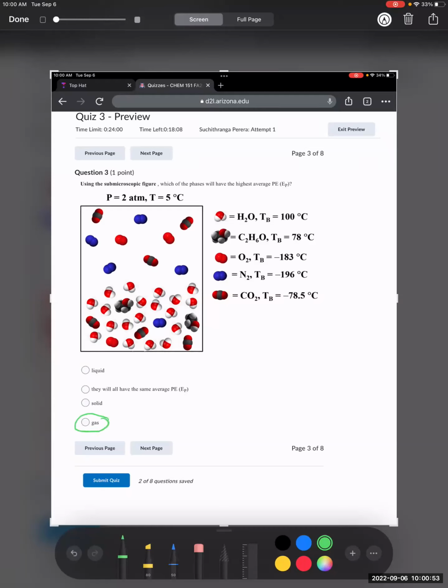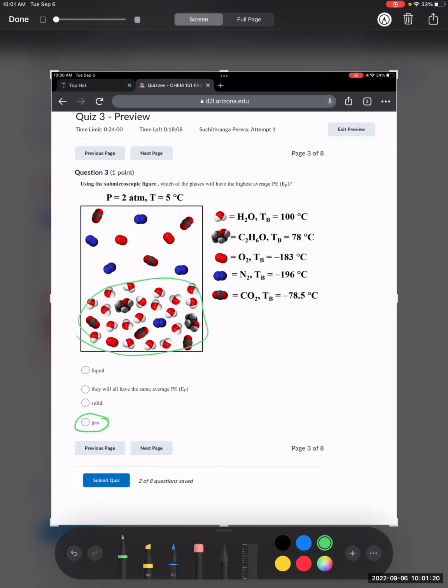But I know that there's another version of this question that was asking about the lowest average potential energy. And the lowest average potential energy should be in the solid phase if the solid phase was present. But in this case, we do not have a solid phase because of this randomness in these particles over here, right?